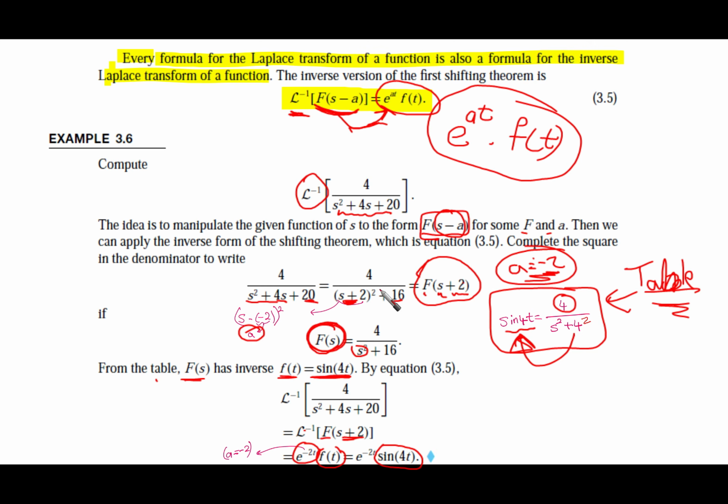So the point is, this first shifting theorem is going to be an easy tool for us to obtain the final answer through the Laplace transform.